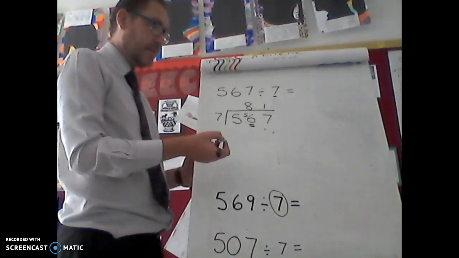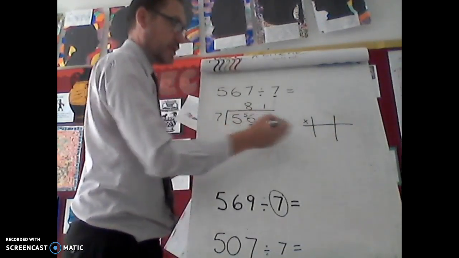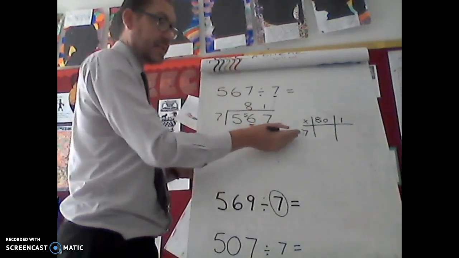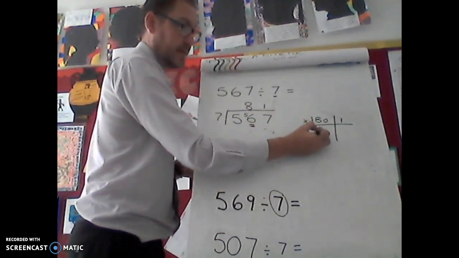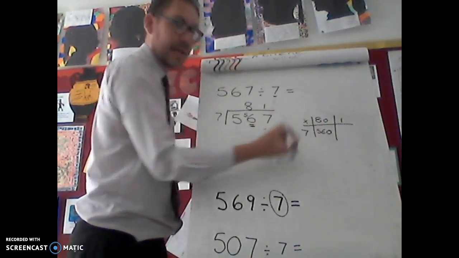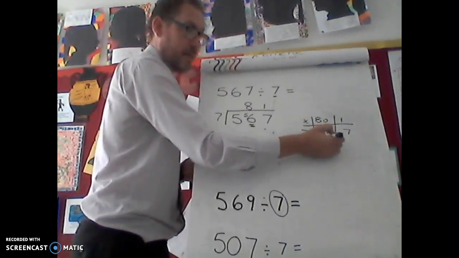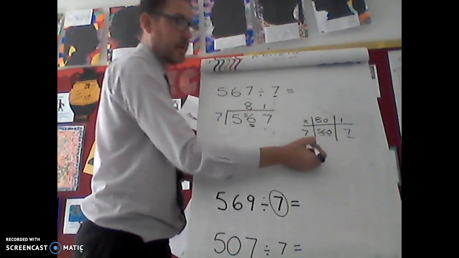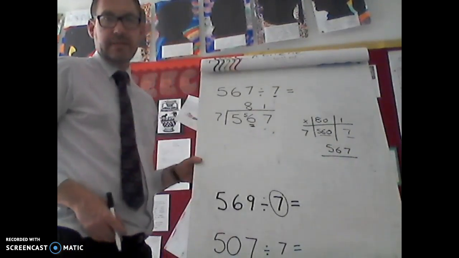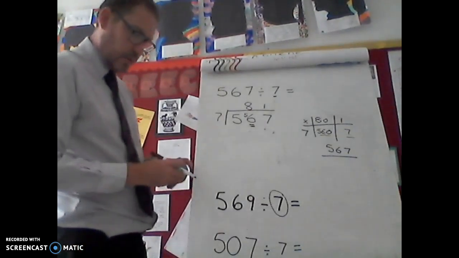Now, I could test to see if that's right, do my usual grid method, and partition 80 and 1, and put the 7 down there. 7 times 8 is 56, but I'm actually saying 7 times 80, so I need to add that 0 on. And then 7 times 1 is 7, put them together, 560 and 7, that gives me 567.